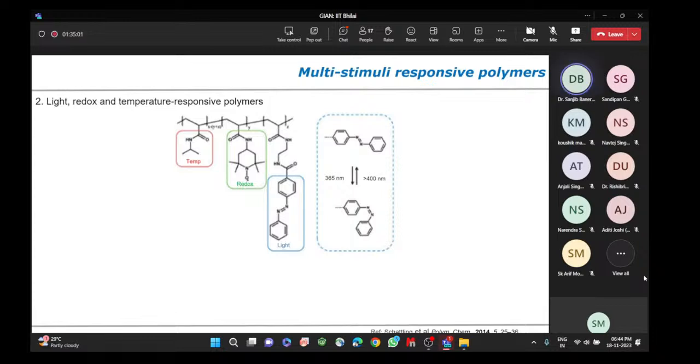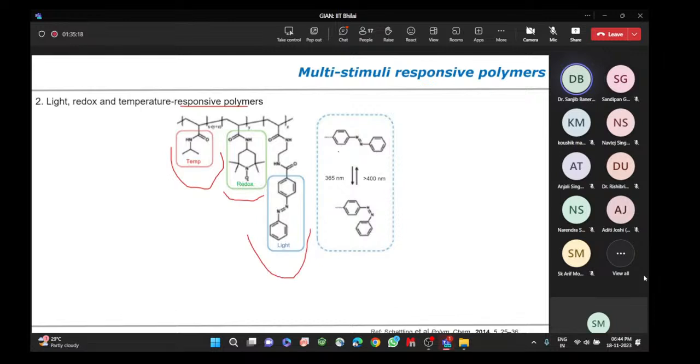Okay, now the explanation. If you look at this closely, this is p-NIPAM, which is temperature responsive. This is the TEMPO containing moiety, which is redox responsive, and this is the azobenzene moiety, which is light responsive.